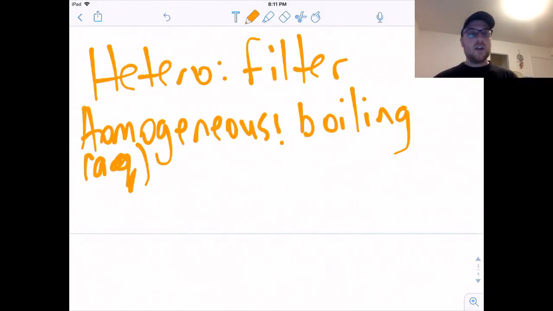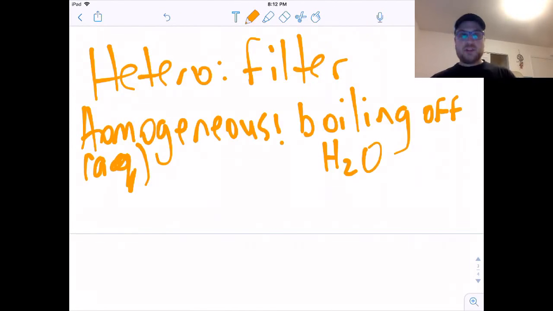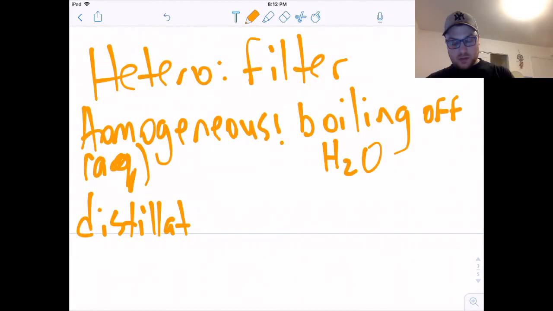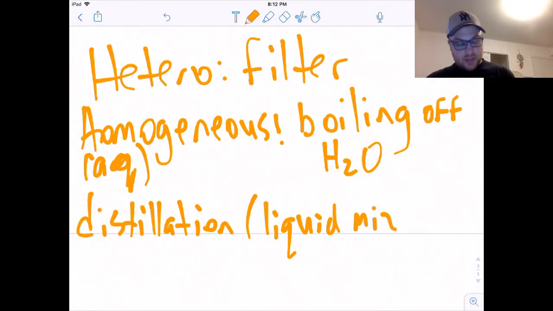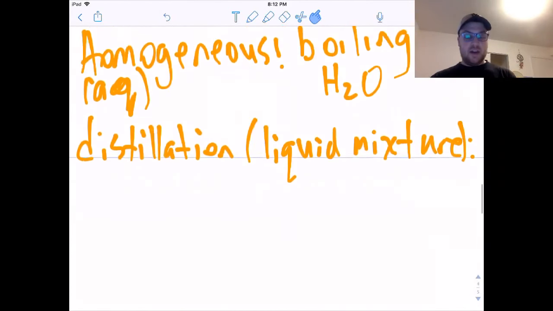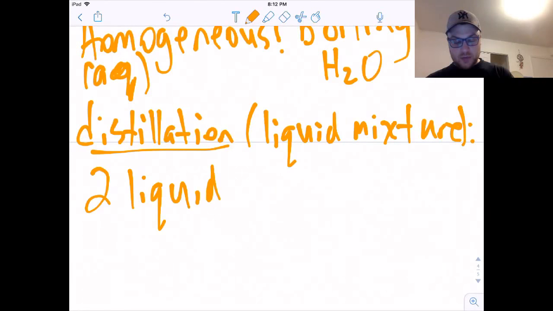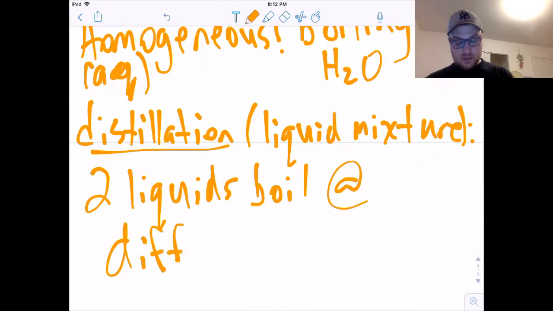So usually just boiling off the H2O can separate that liquid from the solid, or you can use a process called distillation, and this is for a liquid mixture. So let's say you mix alcohol and water. How do you separate the alcohol from the water? Well, the whole point of distillation is that two liquids, as long as they're different liquids, boil at different temperatures.